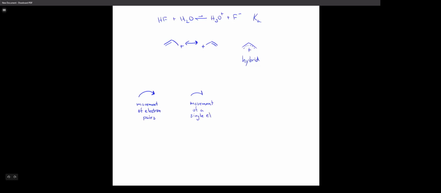For right now, we're only going to focus on this side. We will deal with movement of a single electron later when we get to talking about radicals. Okay, so that's quite a ways off still. The side of the arrow without the barb is where the electrons start. The arrow points towards their destination. Does that make sense? Arrows usually point towards destinations.